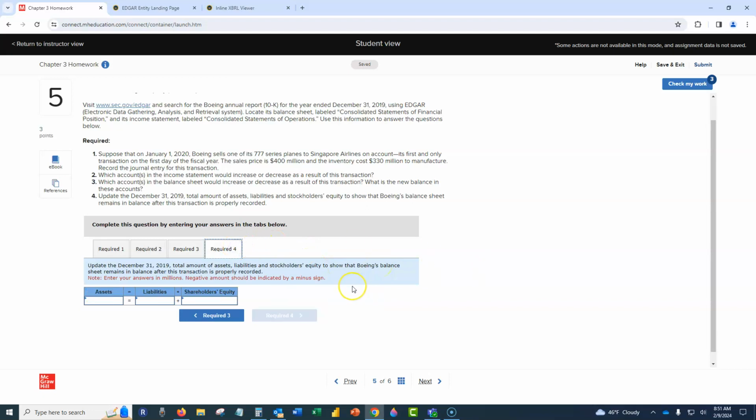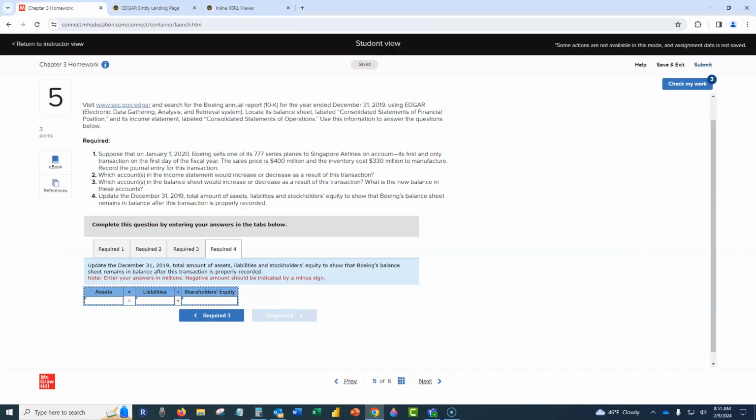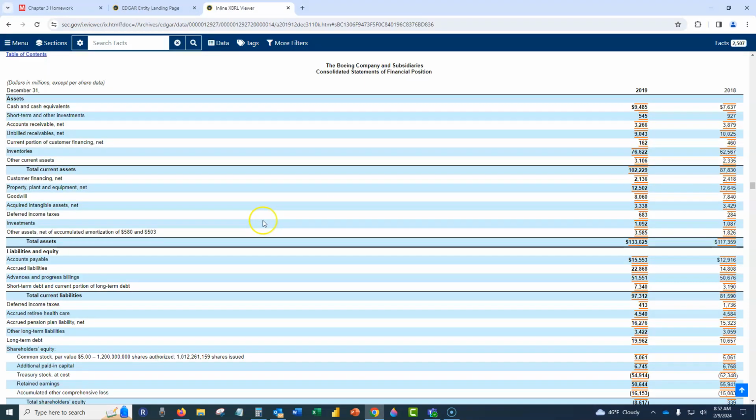Now, finally, requirement 4 is just asking you for your accounting equation. So assets, let's look. What do we have? 133,625 minus the 330 is 133,295. What are our liabilities? Well, our liabilities didn't change at all, right?